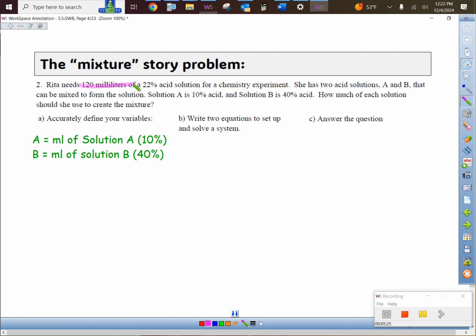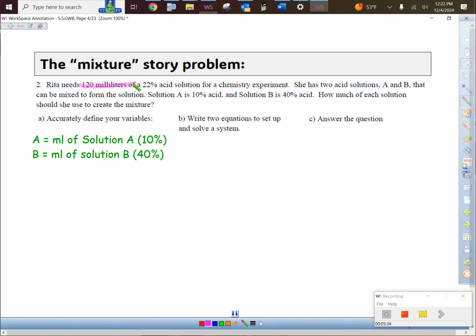So I'm going to let A and B be the variables this time instead of X and Y, because I think that makes a lot more sense. It's just going to be helpful. I'm going to let big A be the milliliters of solution A, and then in parentheses, it helps to know that was the 10% value. And I'm going to let capital B be the milliliters of solution B, and it helps to have 40% in there.